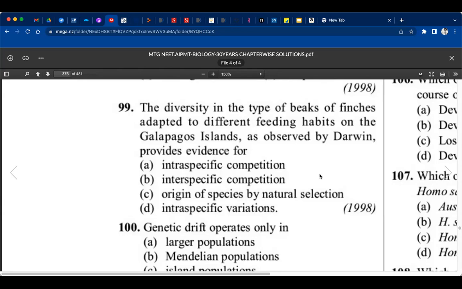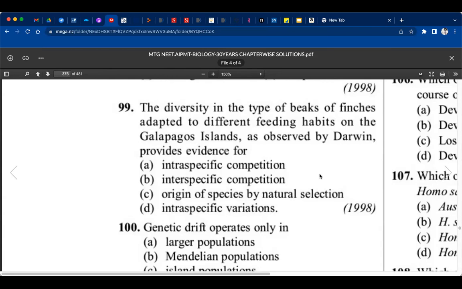Mamuna. So I have narrowed down the options for you. It is C, origin of species by natural selection.